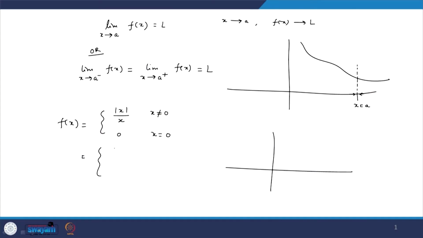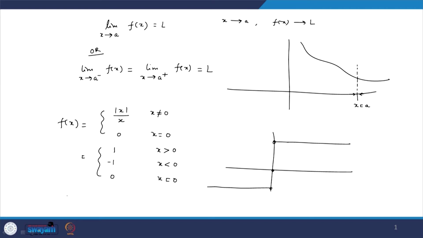So this value is 1 when x is greater than 0, minus 1 when x is less than 0, and 0 when x equals 0. The graph of the function is something like this: when x is positive it is 1, this line, and when x is less than 0 it is minus 1, and when x is 0 it is 0. So it is not included.